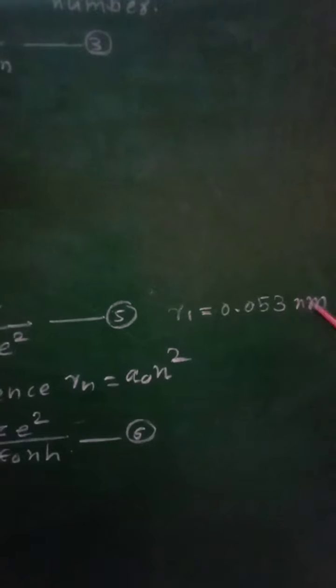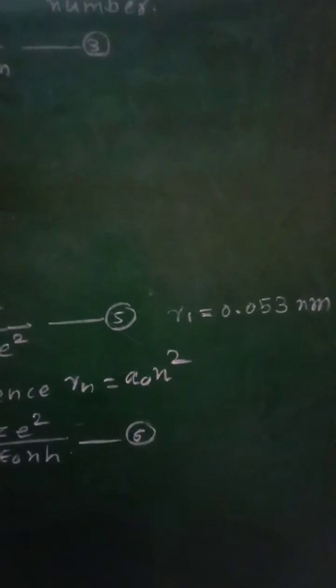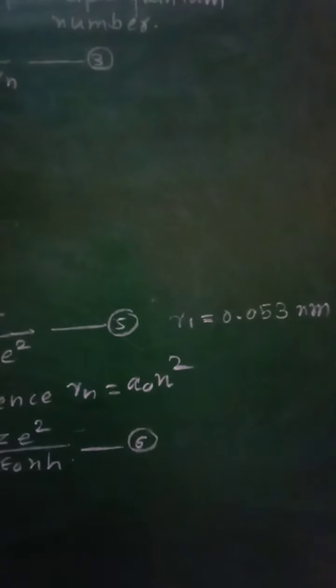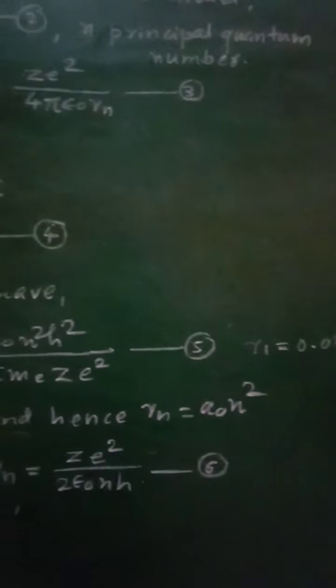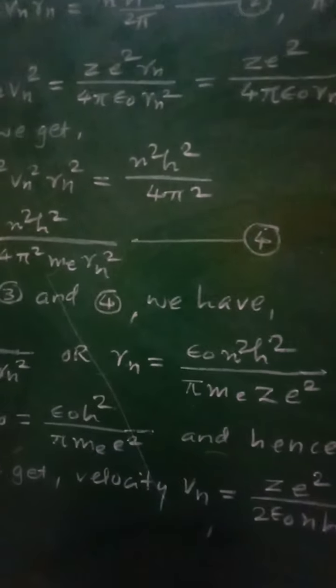So this will be the radius of the first orbit in the hydrogen atom, that is for n equal to 1.